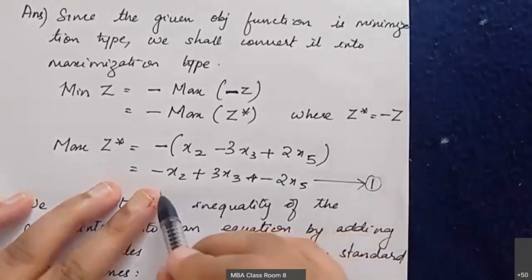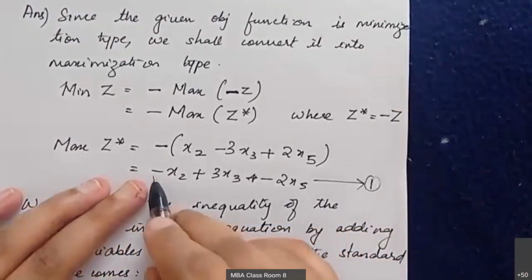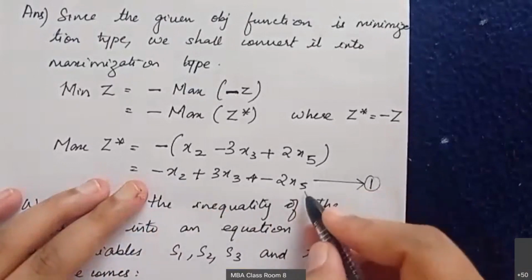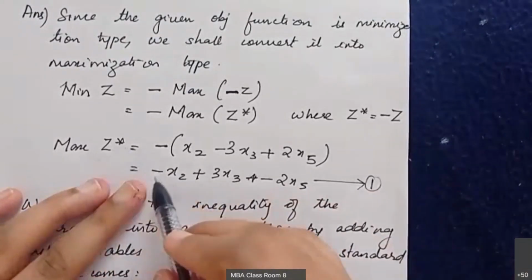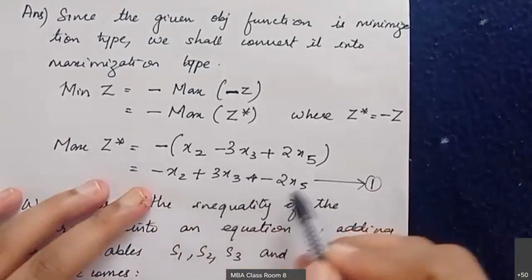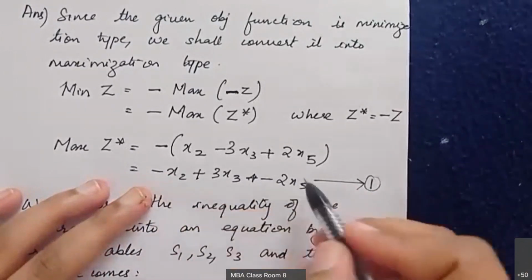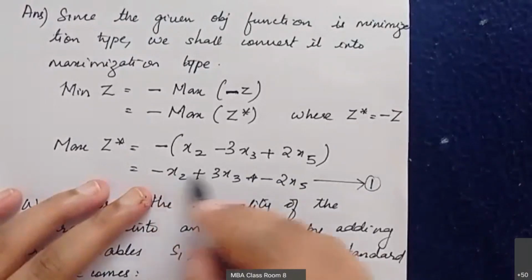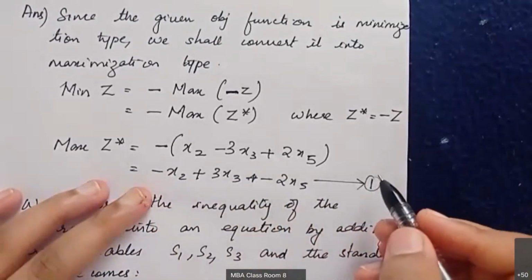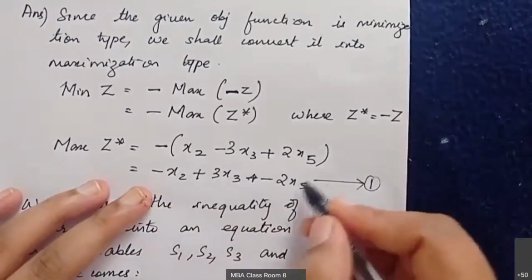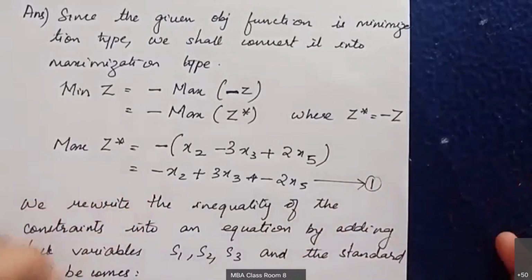This is the objective function which we got after multiplying the objective function with minus 1. In this equation we have to substitute the values of x2, x3 and x5 for checking the answer. Clear?